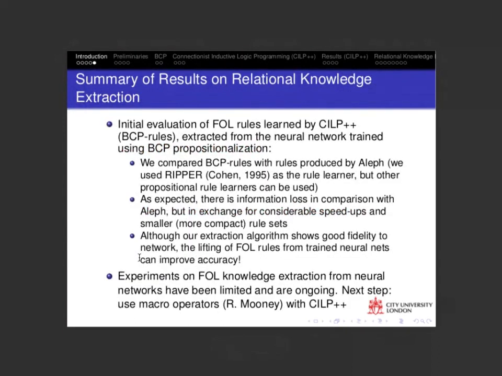So, just to mention that as we go through this process of translating first-order rules into vectors and then back from vectors into a first-order logic symbolic representation, there's a key aspect, which is the choice of inputs and outputs.